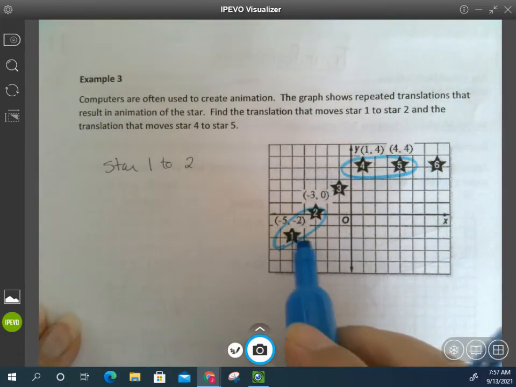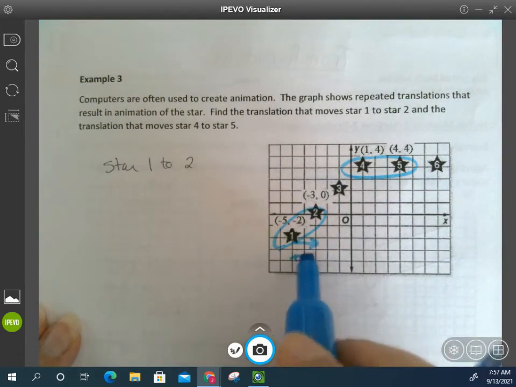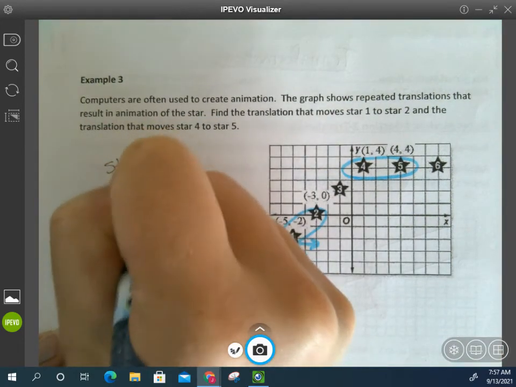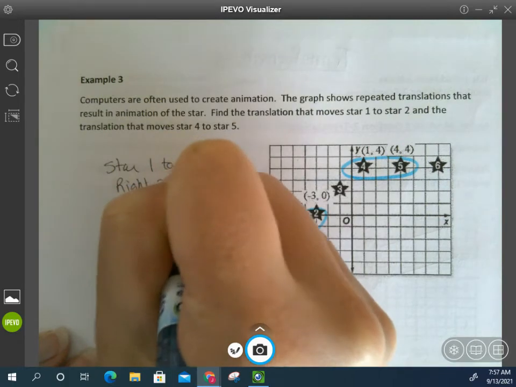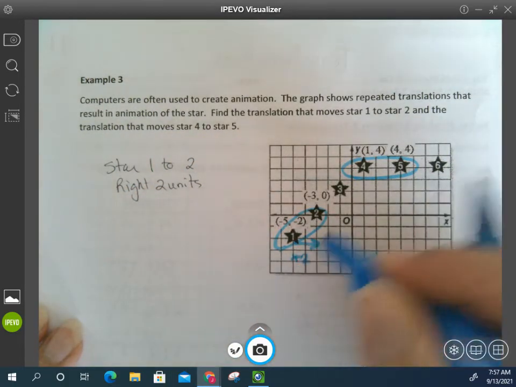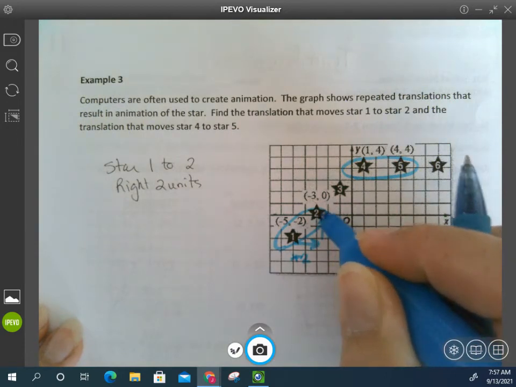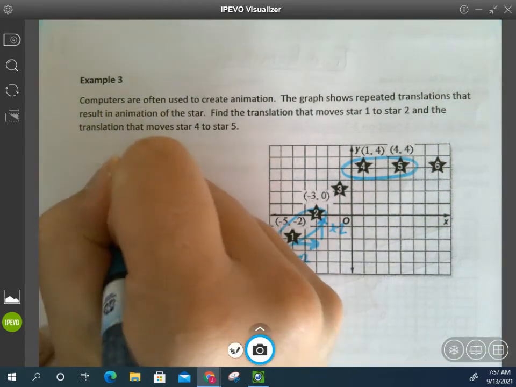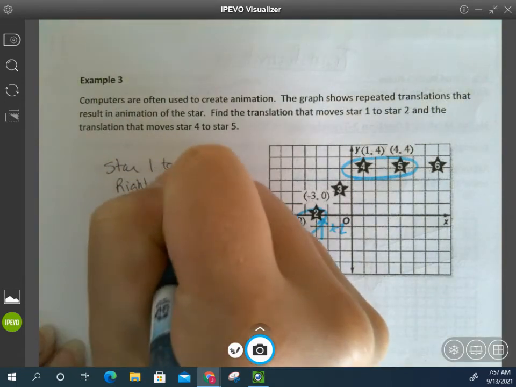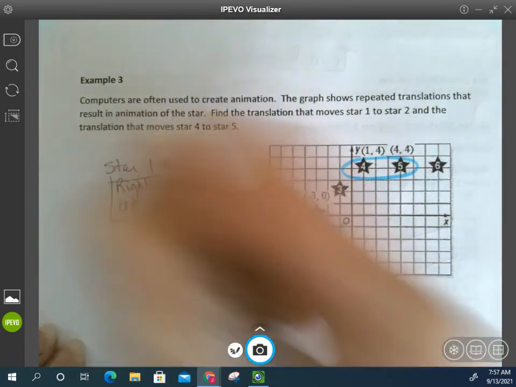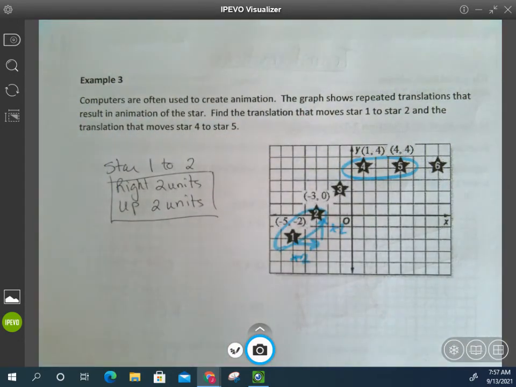Moved right 2. So +2. So right 2 units. And then what else did it do? It moved up 2 units. So if it moved up 2 units, that's because it's positive, so up 2 units. So that is the translation for stars 1 to 2.